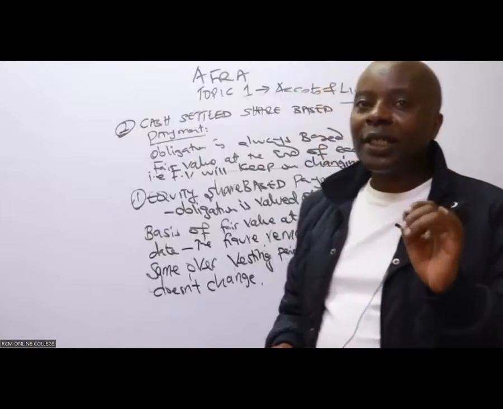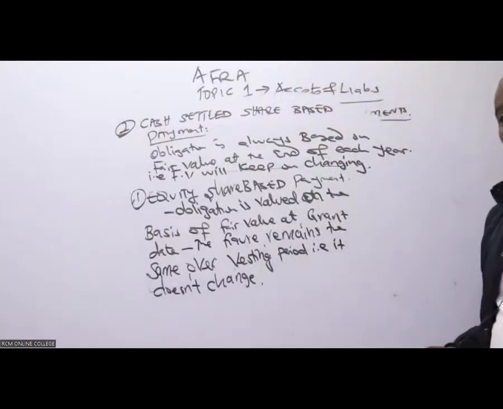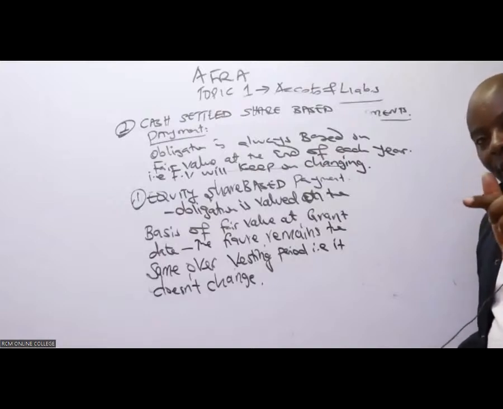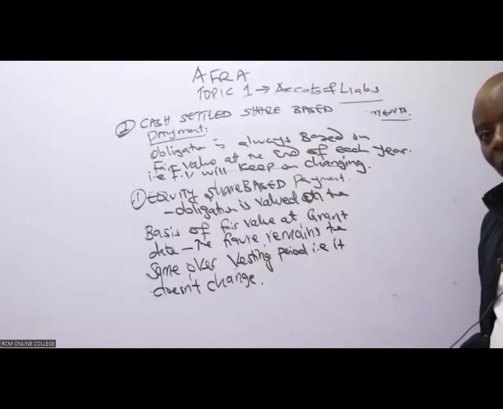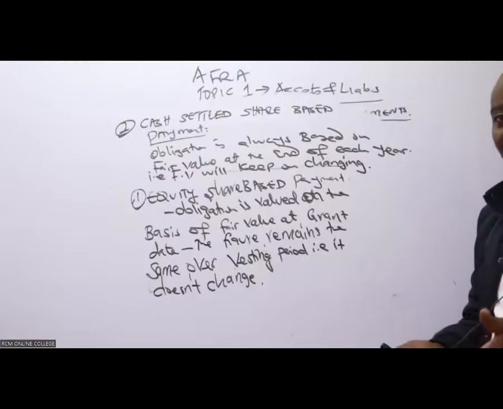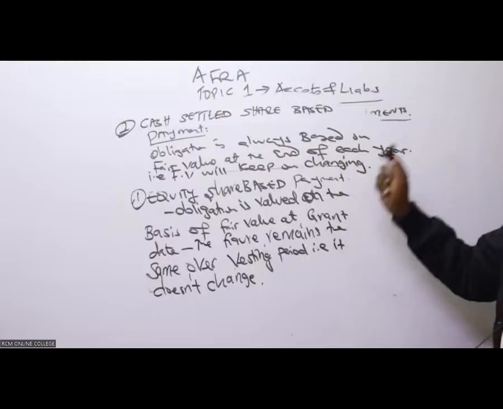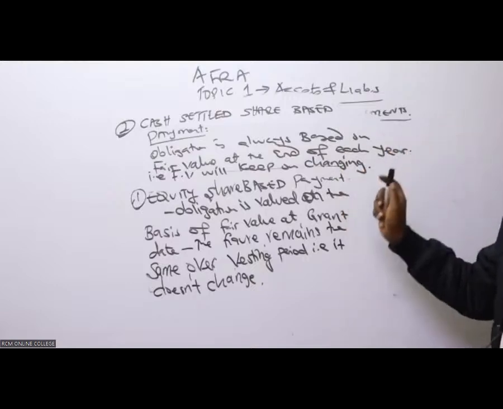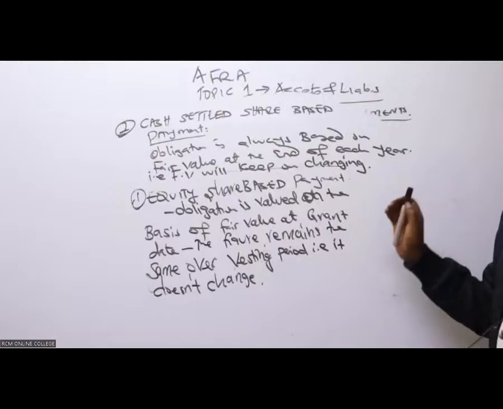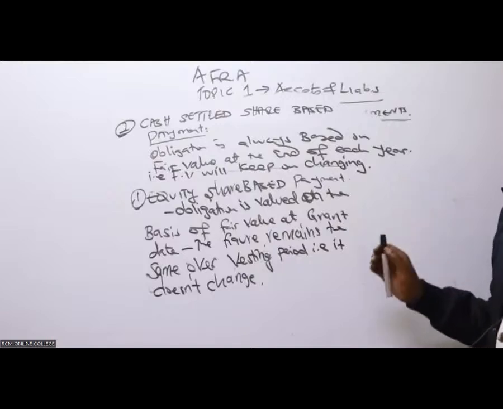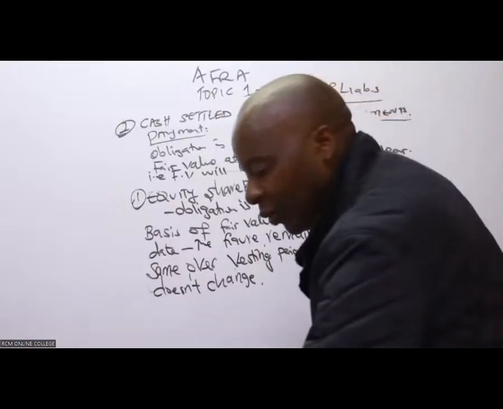But if it's cash settled, because of the appreciation concept, shares appreciating at the end of each year, we expect these guys to push the share price at the end of each year to be increasing. Then to motivate them, for purposes of valuing our obligation towards them, we shall be using the fair value of those shares at the end of each year. And of course, we expect that fair value to keep on changing.